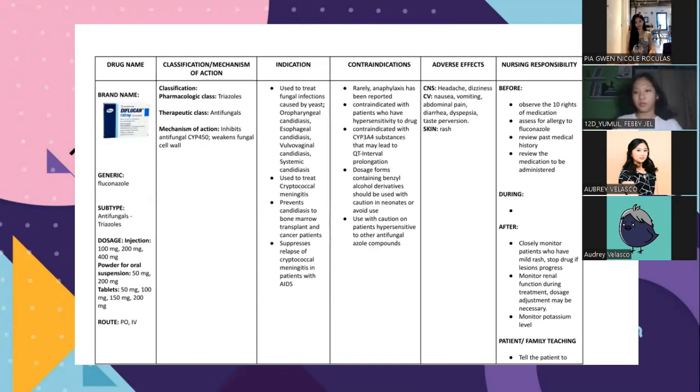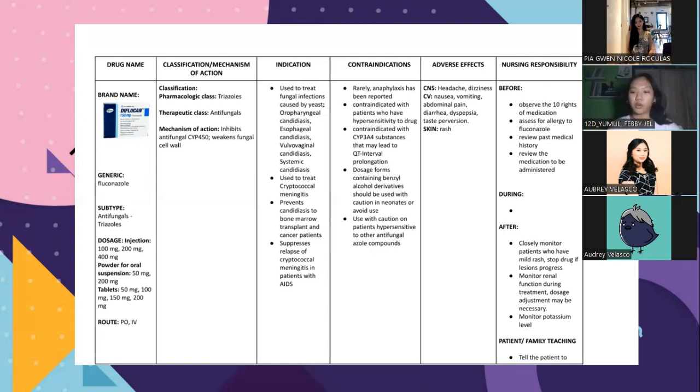Fluconazole is a subtype of antifungals from the brand Diflucan. It's a triazole that inhibits antifungal CYP450 that weakens the fungal cell wall. Its dosage changes from its type of medication. For injections, it's 100 milligrams up to 400 milligrams.